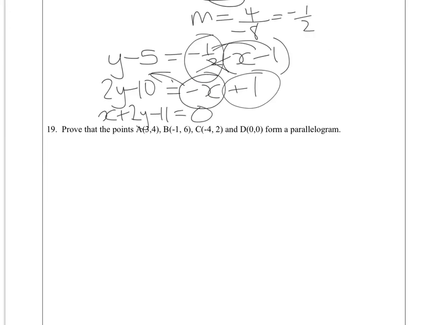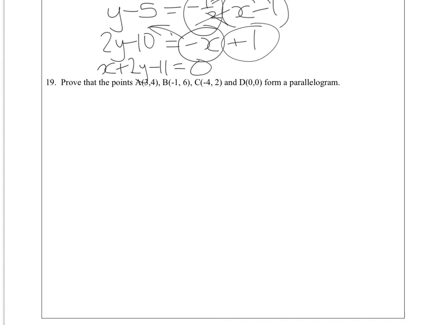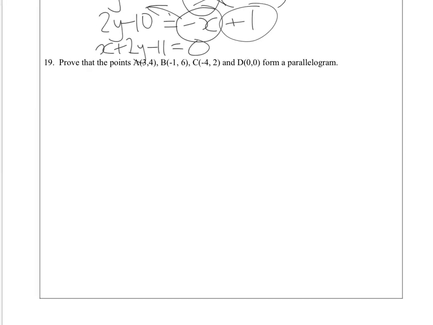Now the last question, prove that these points form a parallelogram. Now we could draw it, but quickly, parallelogram, really easy to prove. You can either prove that that equals that, and that equals that, but distance is a little bit harder, or that is parallel to that, and that is parallel to that, which is really easy.